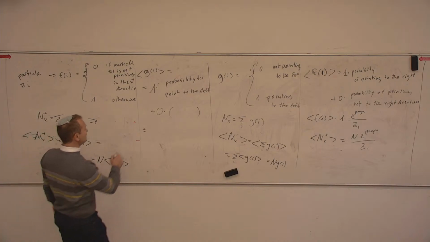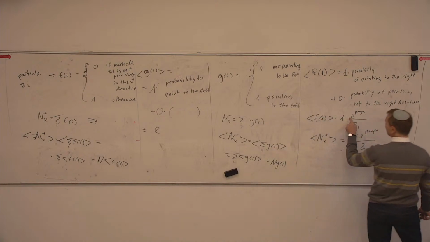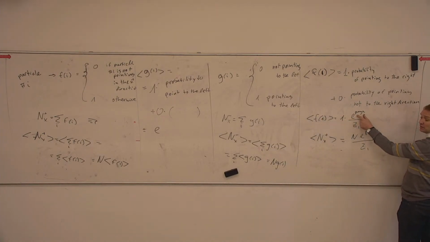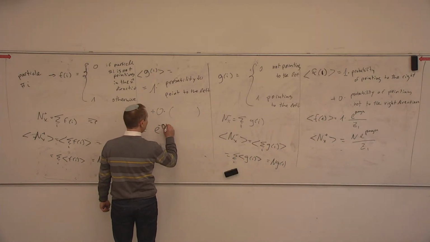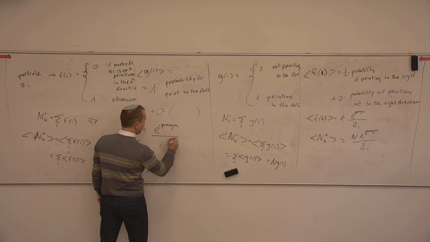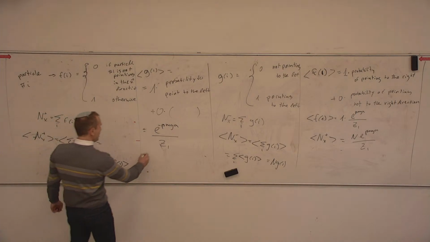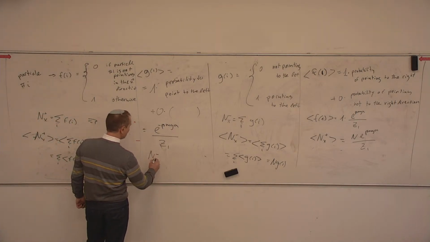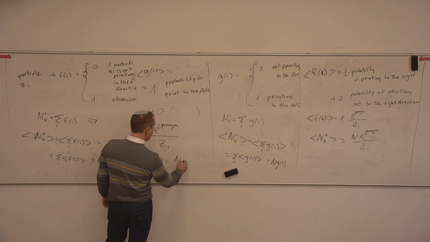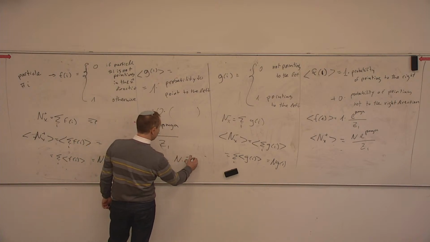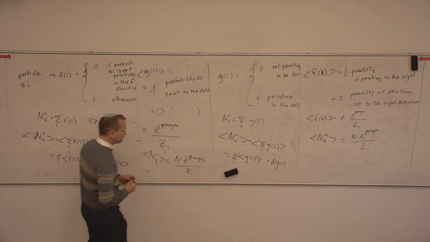Again, I take the exponent of minus beta times the energy of pointing to the left, which is mga, so I have e to the power minus beta mga divided by z1. Nx minus average is N multiplied by e to the power minus beta mga divided by z1.